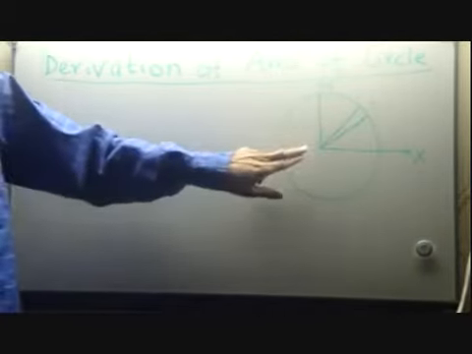This is a very small piece, a kind of a triangle, which is formed by this line, this is small r, and this line, and we term this angle as a very small angle d theta.